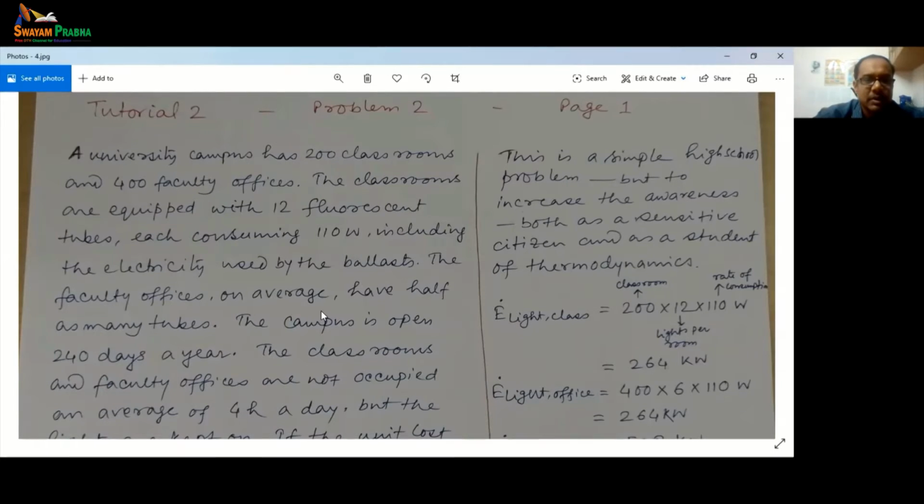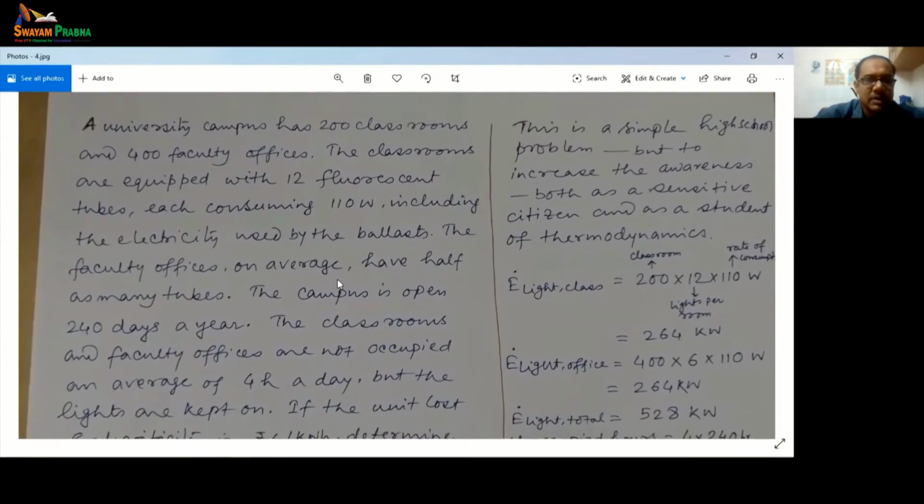So what's the problem? A university campus has 200 classrooms. You can just think of your college or your university where you are studying at the moment. Let's say your campus has 200 classrooms and 400 faculty offices.